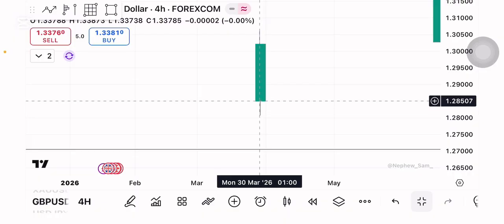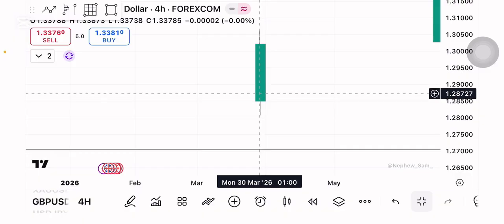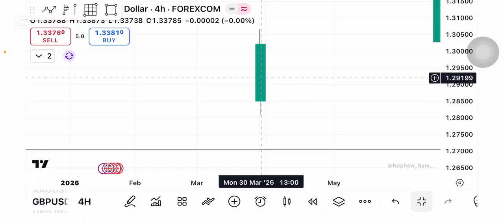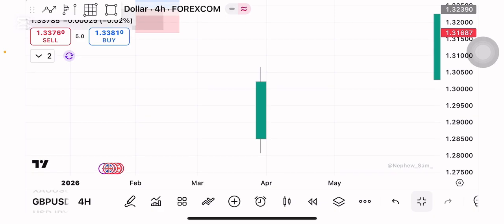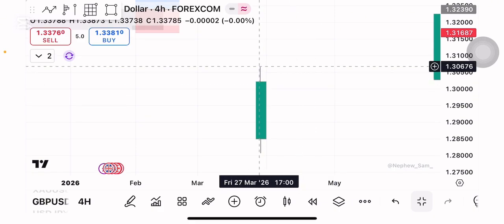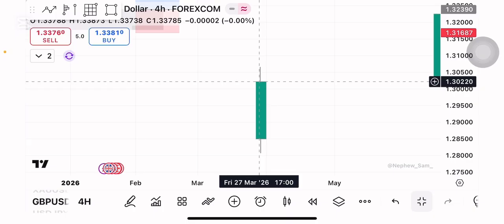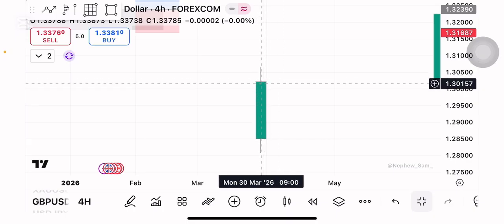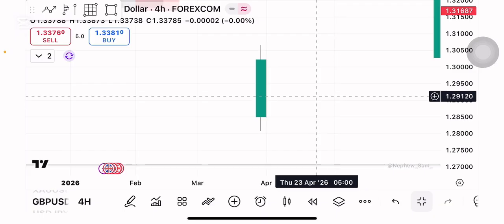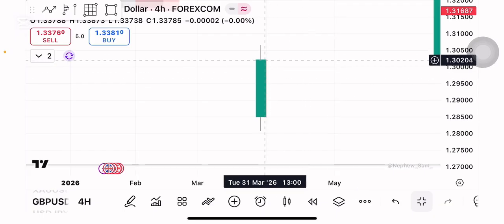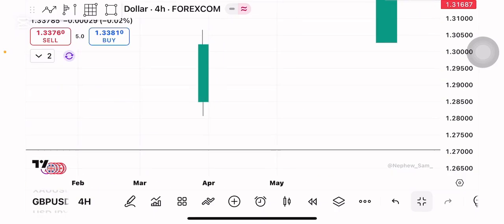That's how the wick was formed. Then buyers became in control of the market and pushed it up to this highest point. Then sellers pushed it back down before it closed here. So a bullish candle has its close above its open. This is the open. That's what a bullish candle is.